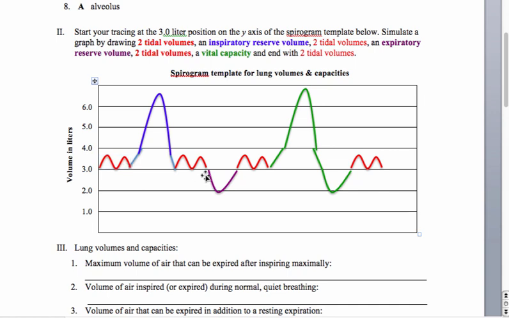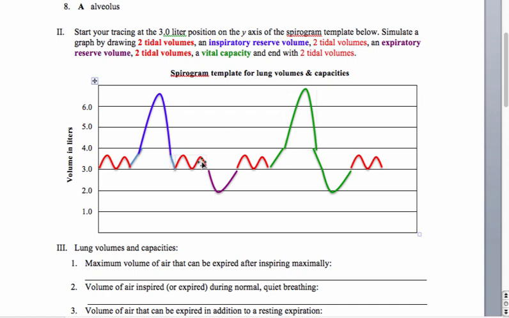We have the inspiratory reserve volume in dark blue. Remember, inspiratory reserve volume is the maximum inhalation after a normal tidal volume, so it's after that there. So we're basically going from about 3,500 up to about 6,500 if we're looking at a 3,000 milliliter or 3 liter average value.